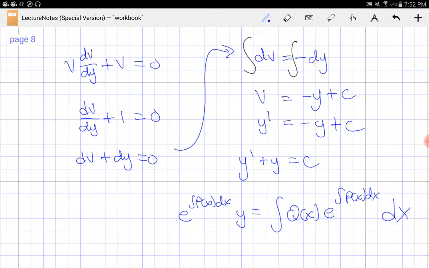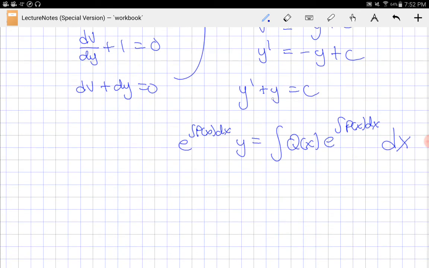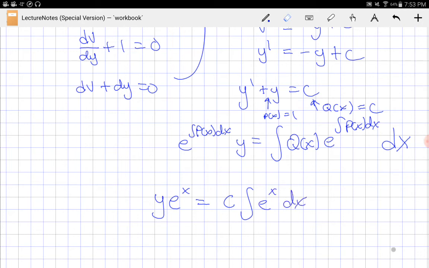Looking at our equation, we know that p(x) is equal to 1 and q(x) is equal to c. So we can rewrite this as e to the integral of 1, which is just x, so e to the x times y equals the integral of c e to the x dx. Q(x) is a constant, so we can factor that out.